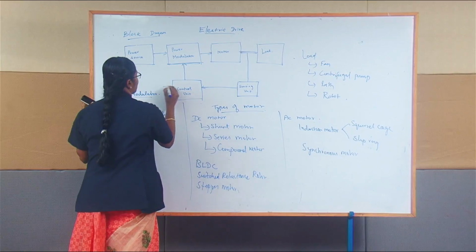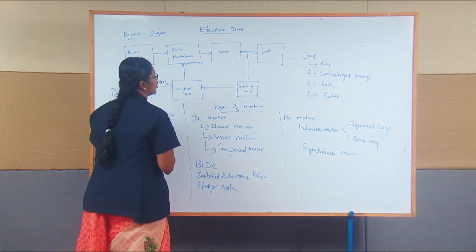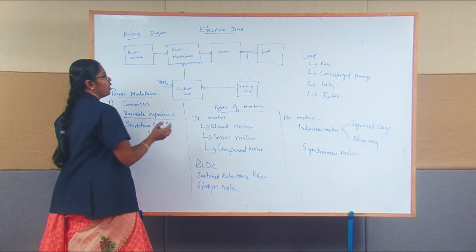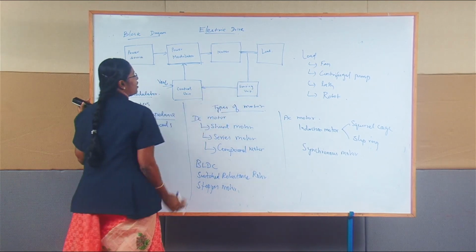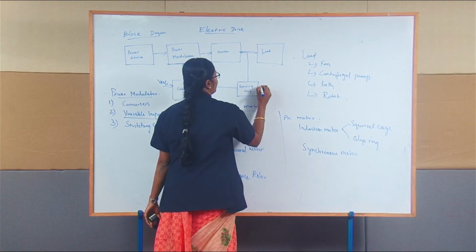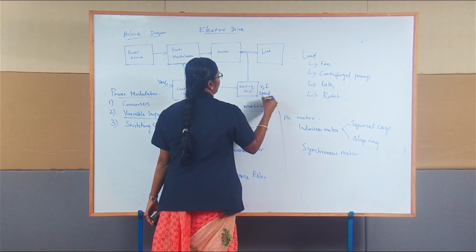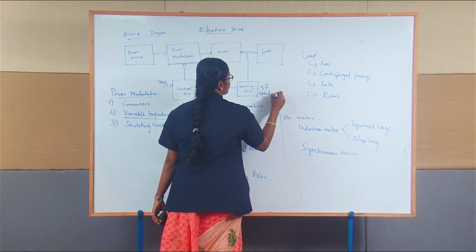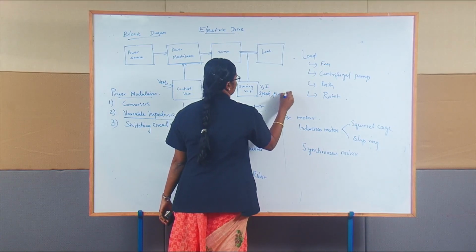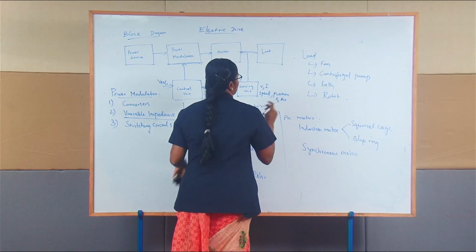So in this control unit, you will be giving some reference, okay? So here, as far as drives are considered, we are going to sense voltage, current, speed, or in some cases the position of the shaft, okay?